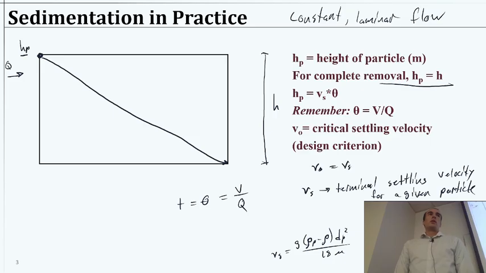So that was the equation that we looked at and derived for the settling velocity. Do you assume ideal flow every time? Yes. So we're always going to be dealing with ideal flow here, nothing weird, nothing turbulent, none of that.